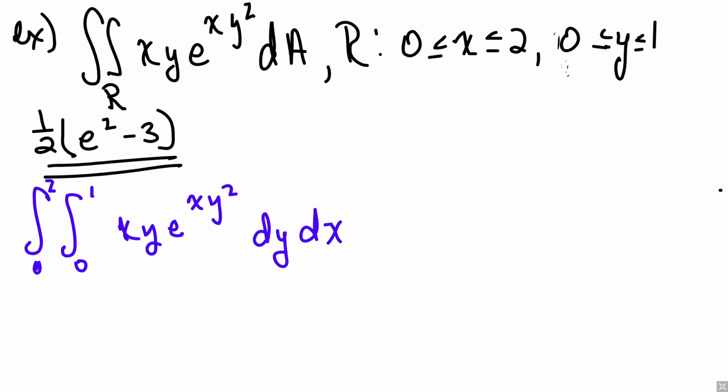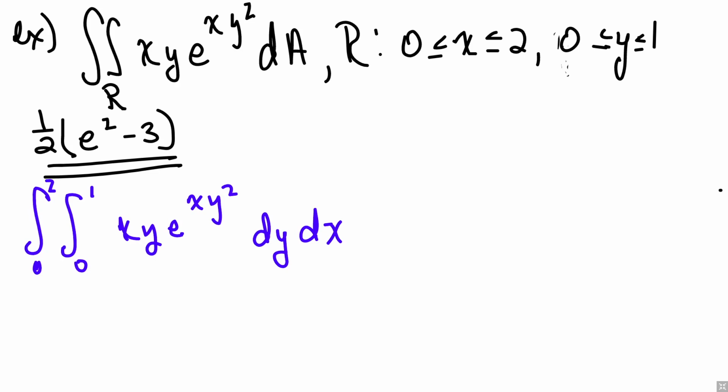Now, the reason why I want to do y first is because it makes it easier for me to do my u substitution. Whereas if I do x first, if I take the derivative of the exponent, it's going to be y squared, but I don't have a y squared in front. So that creates a problem. So this is why I want to do it the other way.